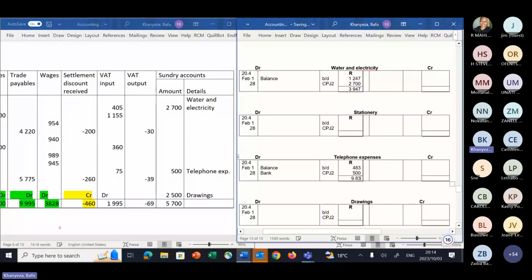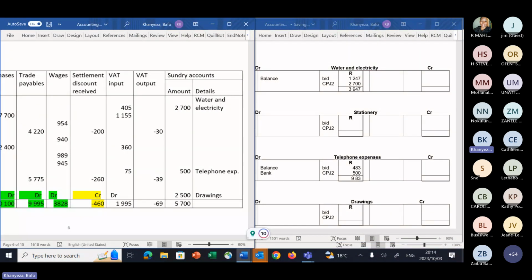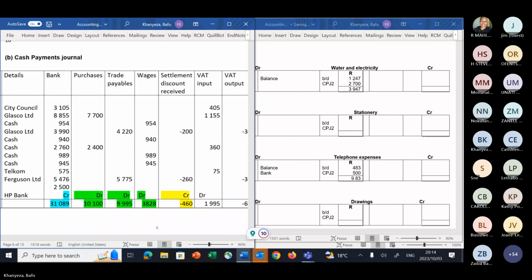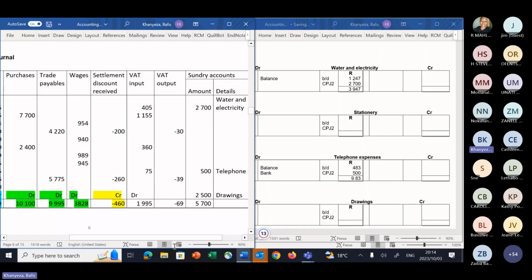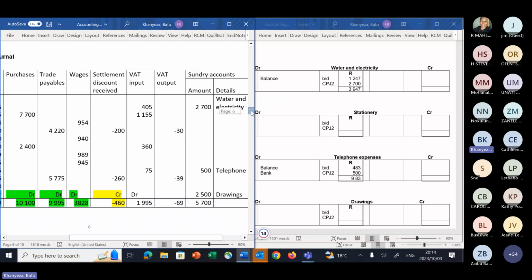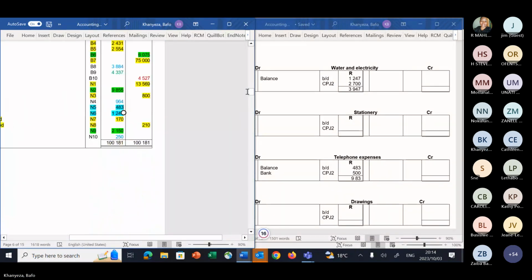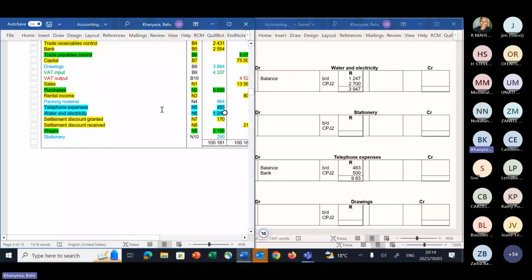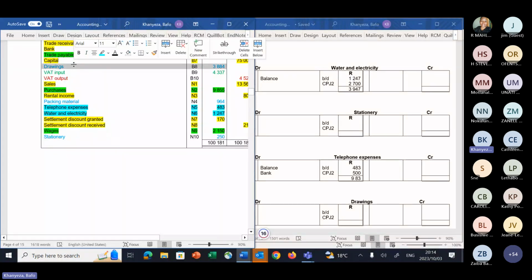Then we're going to have drawings. Let's see how much drawings did we have before. Balance of drawings. Did we have drawings? Yes, we had drawings. If you've got a question, you can be posting it before I turn over to the VAT input and VAT output.